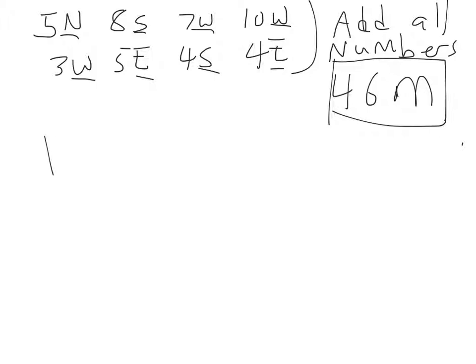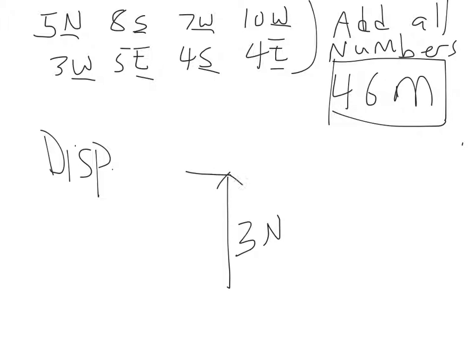Now we're looking at displacement. Okay, so this is your distance. What is the displacement? We just went out there and showed you where the treasure was, right? And it was 3 north and 1 west.